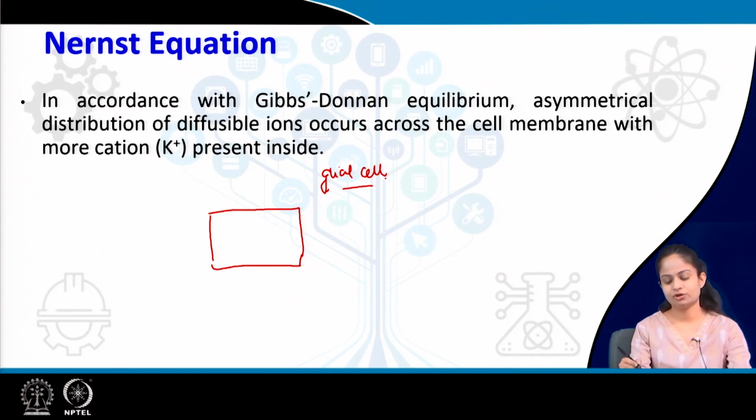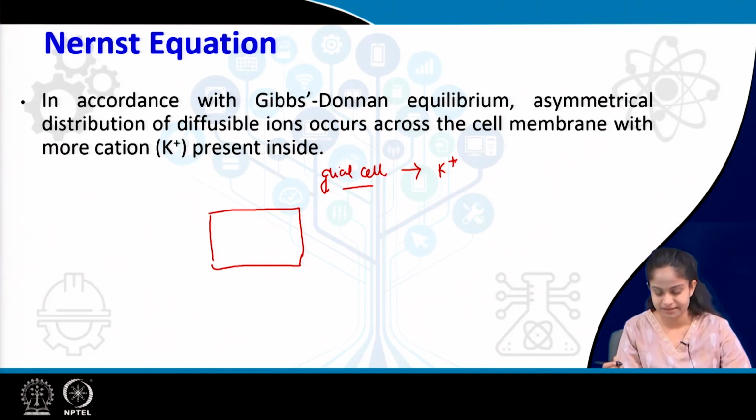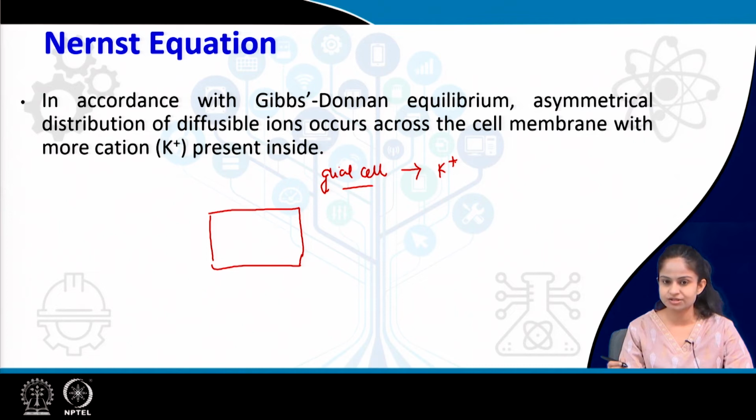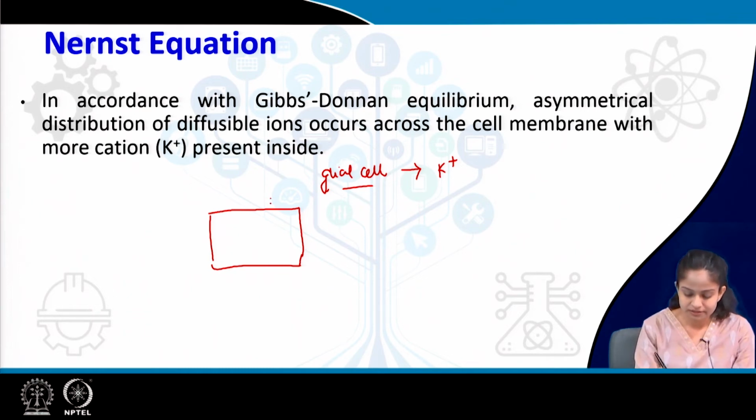A glial cell of the nervous system is very specific because it usually consists of one type of leaky channel, that is potassium. They do not usually have other types of channels. So, when we are considering only one ion channel, we calculate the Nernst equation. Here this is a leaky channel of potassium.